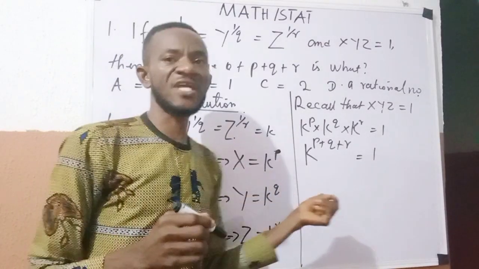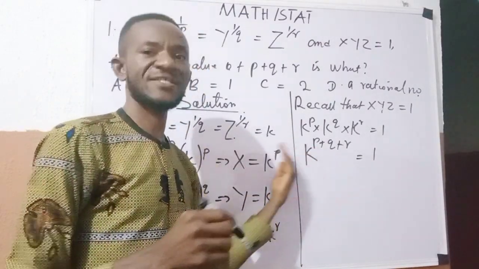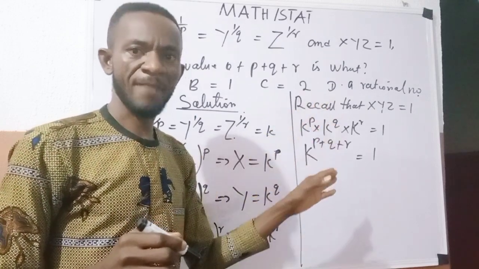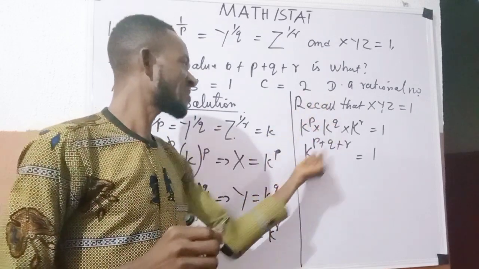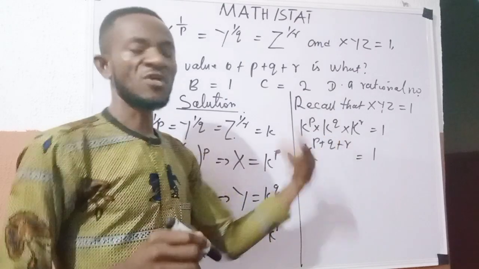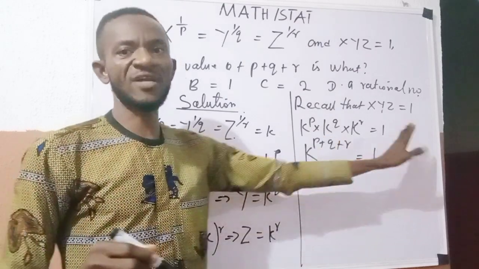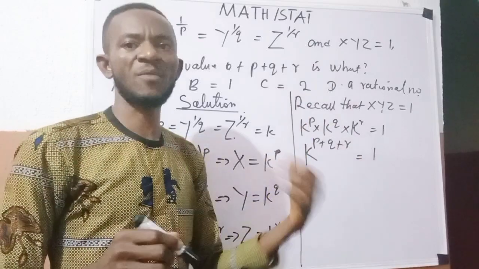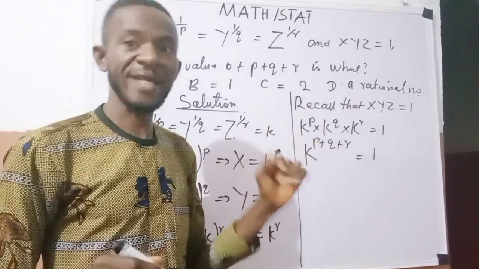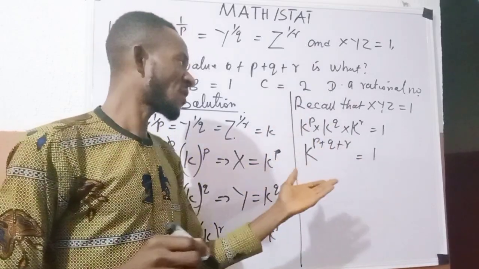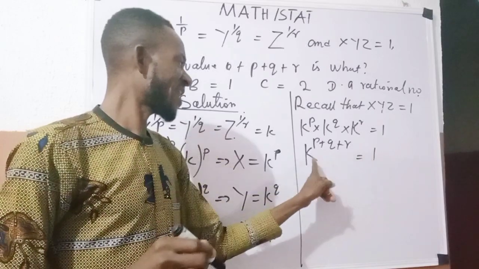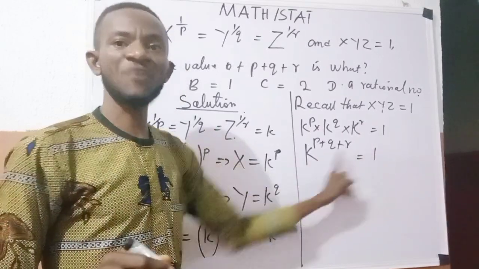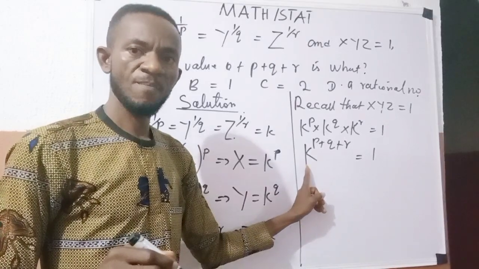Now, if you find out here, the number we have at the left-hand side is in the form of what we call an index number, that it contains a base and a power. So it is good that we express what we have at the right-hand side in the form of an index number equally, a number that contains a power and a base. And of course, in as much as what I have here is k, I am going to express it in the form of k equally.